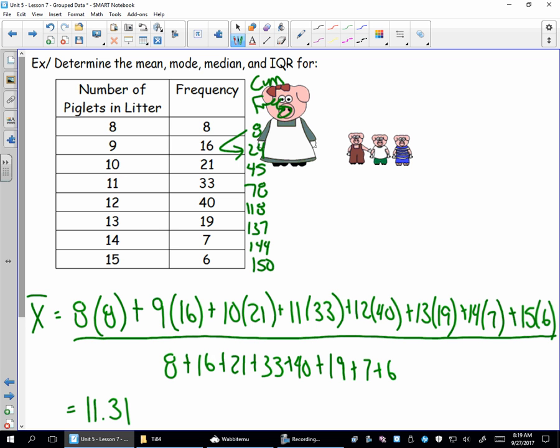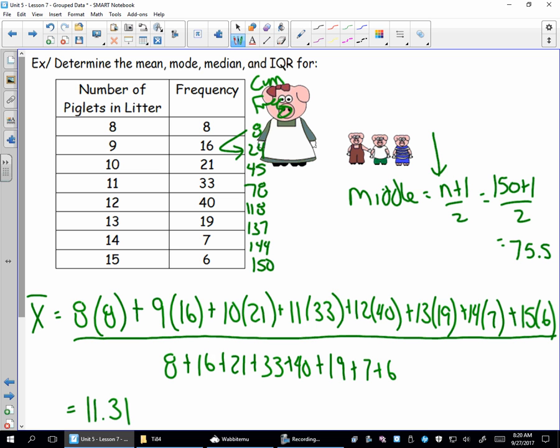So I know there's 150 pieces of data. If I want to find where the middle piece is located, remember we had our little formula here, right? N plus 1 divided by 2. N is the number of pieces of data, so it's 150 plus 1 divided by 2, which tells me that I have to find the 75.5 piece of data.